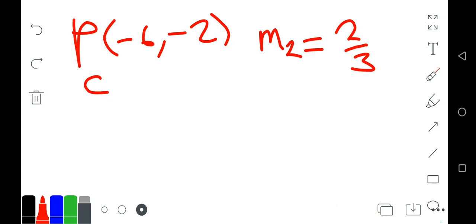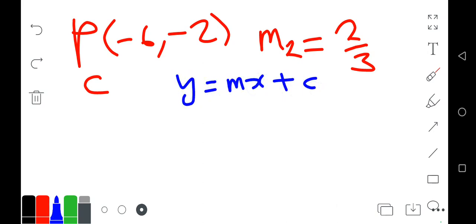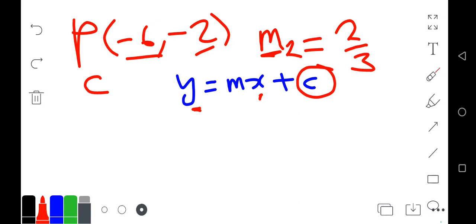The standard equation is y equals mx plus c. Then I need to find c. Negative 6 I substitute where there is x, negative 2 where there is y, and where there is m, I put 2 over 3.